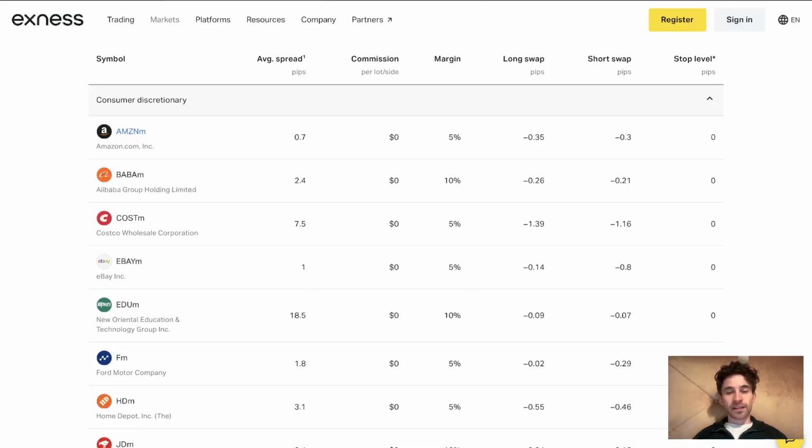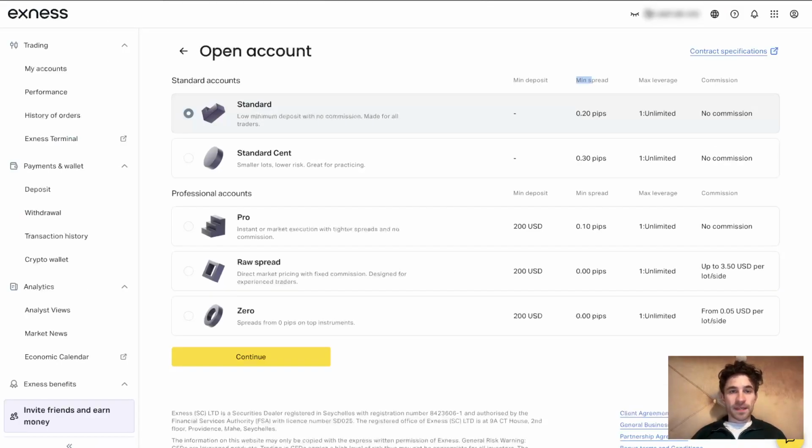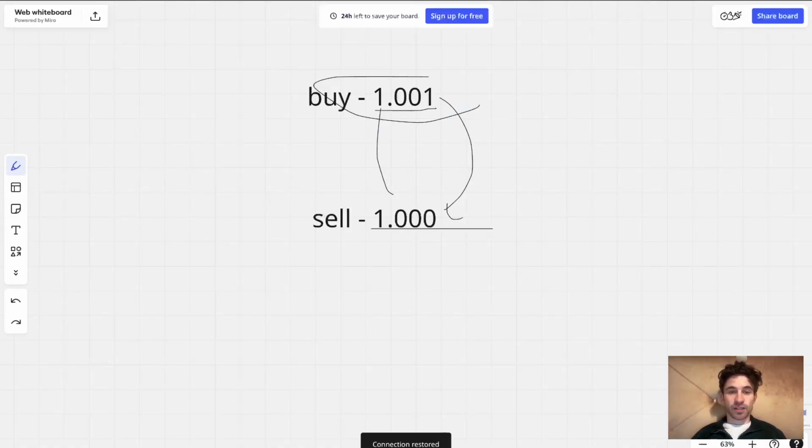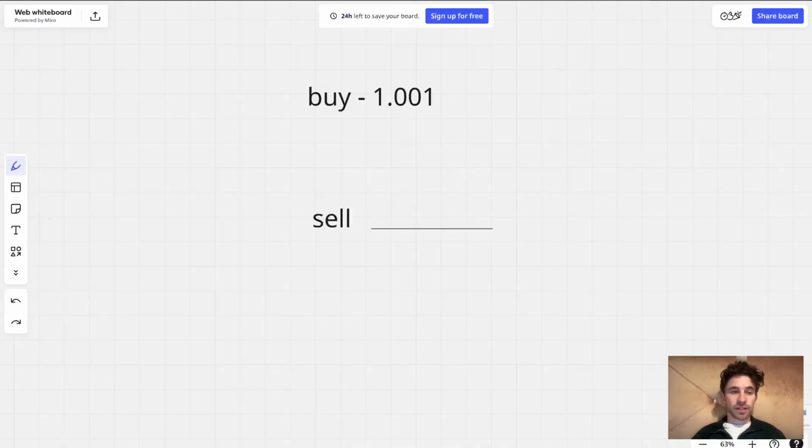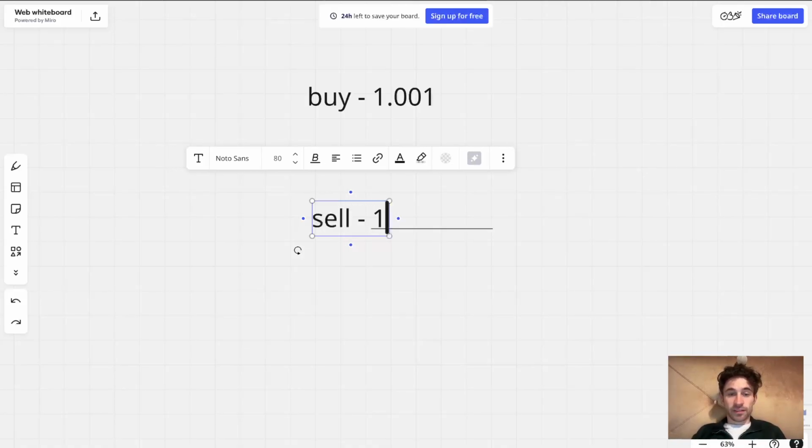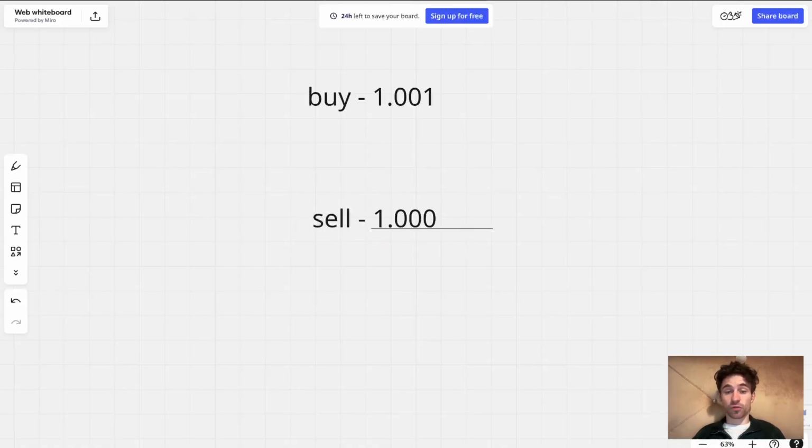So that is spreads. And the next thing that we need to speak about is commissions. What commissions are is, instead of widening the spread, instead of essentially having a spread at all, they are going to say, okay, the buy price and the sell price is the exact same. And this gives traders precision, which is why a lot of advanced traders go for these pro accounts.